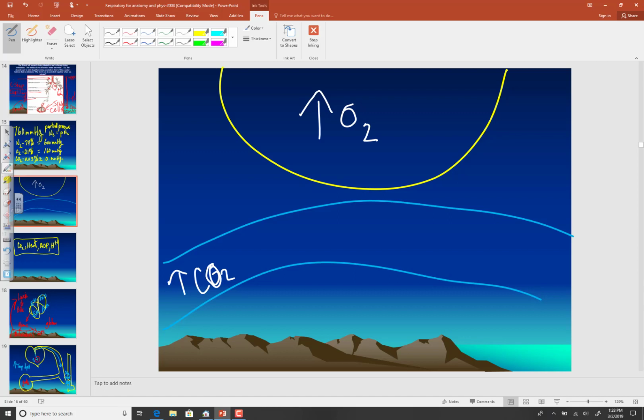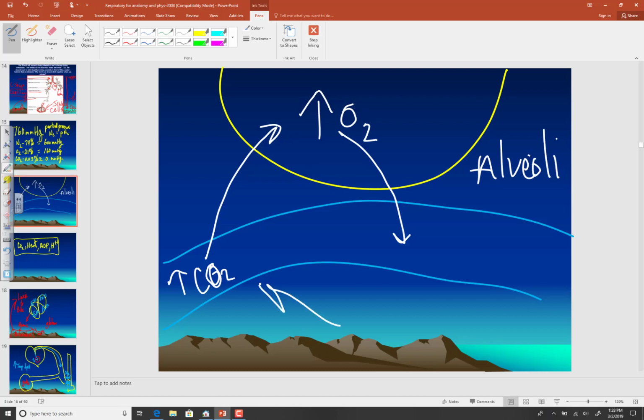And as a result, things always go from high to low because the pulmonary capillary is a one cell thick membrane and the alveoli are a one cell thick membrane. CO2 is going to leave and go into the alveoli, and oxygen is going to leave the alveoli and come into the blood. Right? Then we got the pulmonary capillary. So this is where gases are exchanged in the respiratory system.